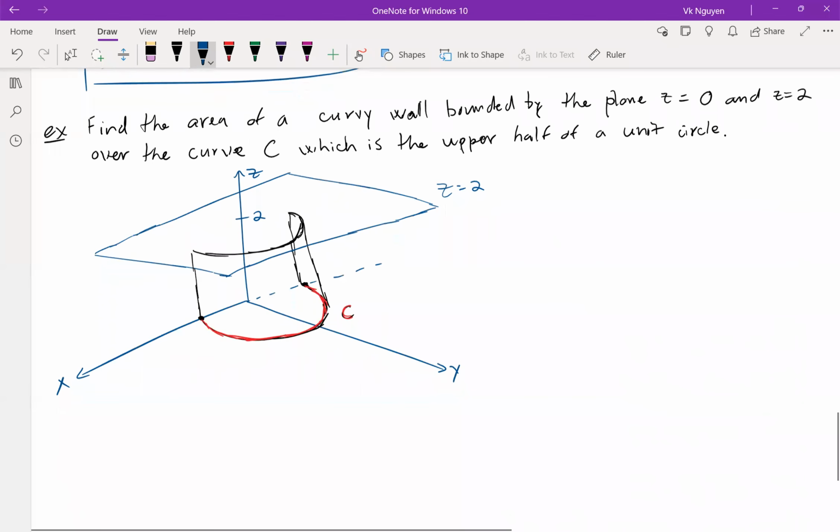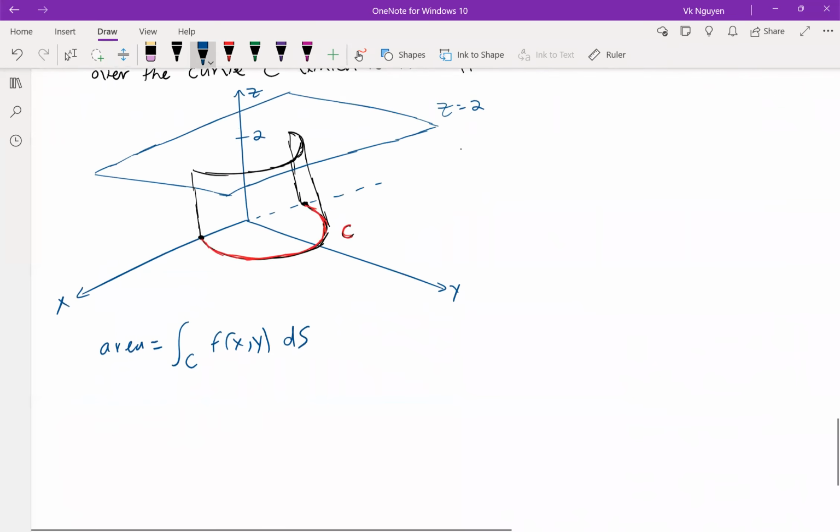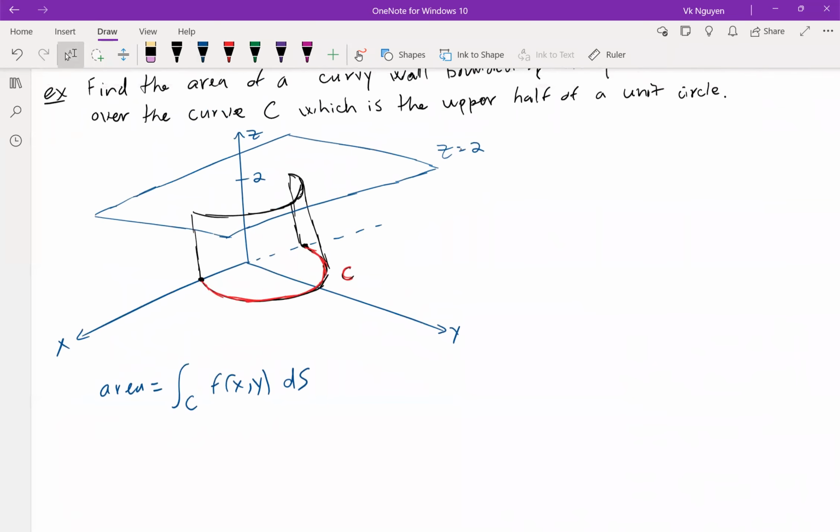We know that area is the integral over the curve C of f(x,y) ds. f(x,y) is the height, and ds is the width.